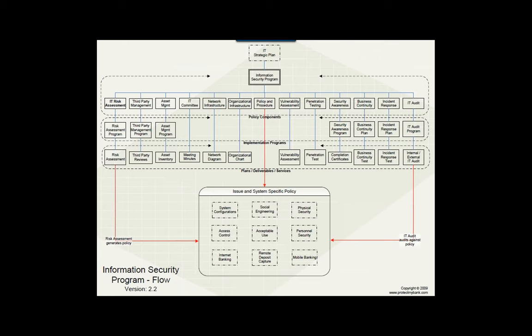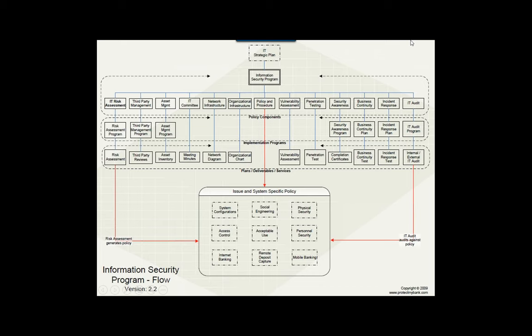What this slide is meant to do is show you how we begin to then operationalize these components that are listed. And what's important to show here is that there are interrelationships between these different silos. So you don't just complete a risk assessment and now you're done, but you use that risk assessment.